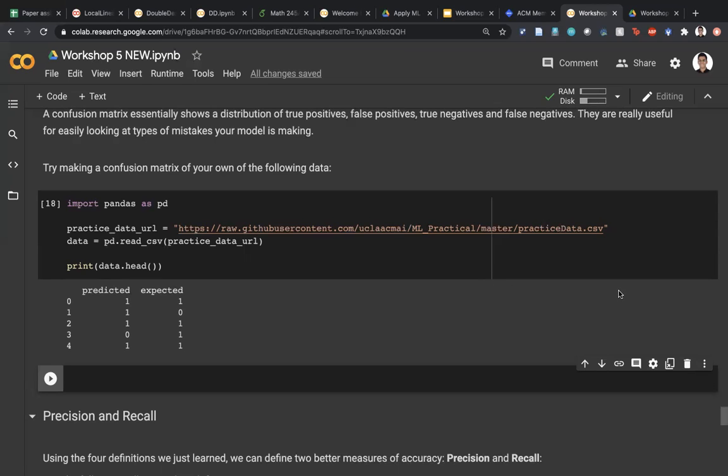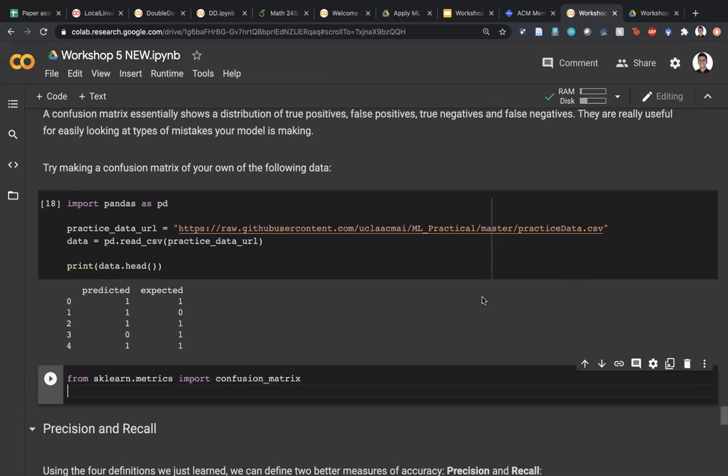Awesome. Has anybody been able to calculate the 4 values? If you could just drop them in the chat, that'd be awesome. Cool. No worries. We'll show you how we did it. So we kind of cheated a little bit, and it turns out sklearn has everything for anything you want to do, and that includes creating a confusion matrix.